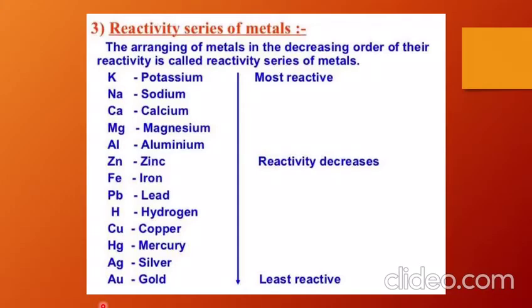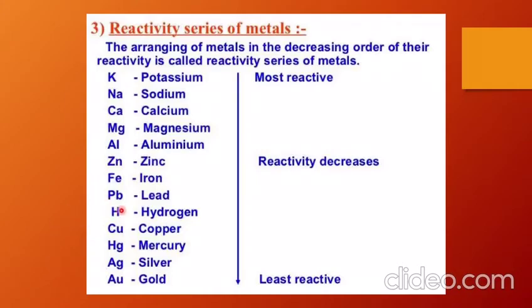So gold and silver, as you can see in the reactivity series, are placed in the lower column of the table. Hence we can see metals lying above hydrogen are more reactive than hydrogen.